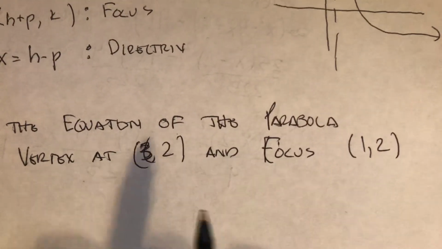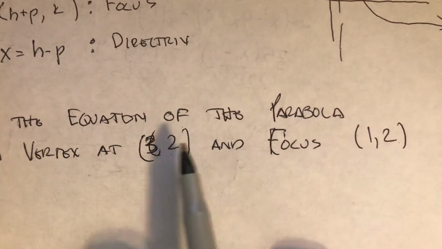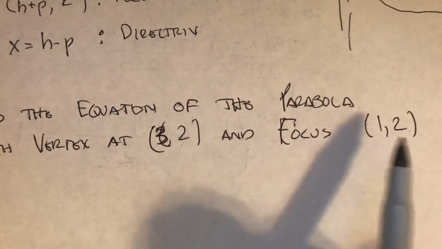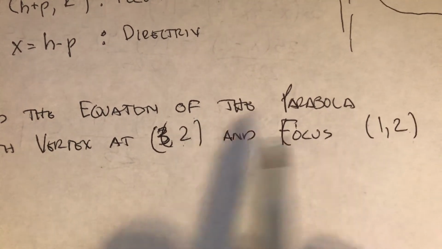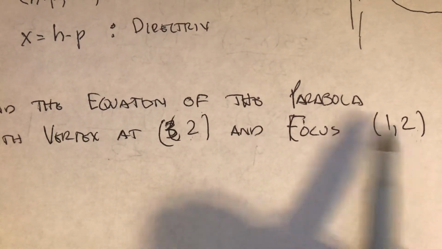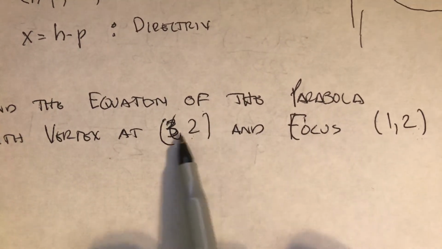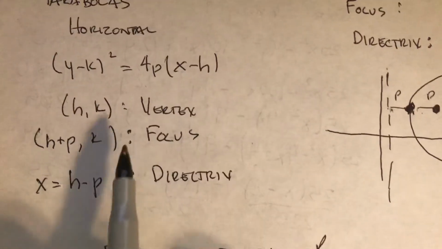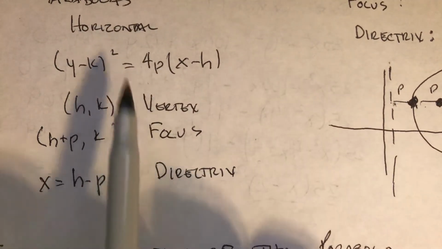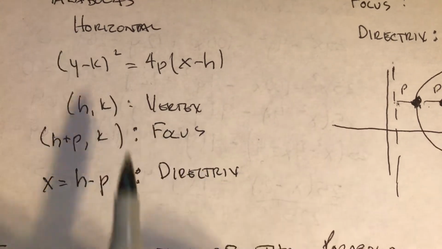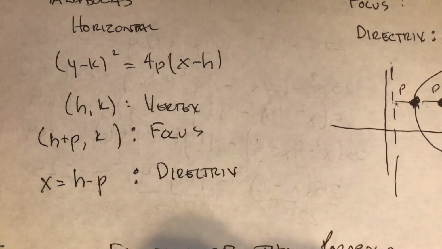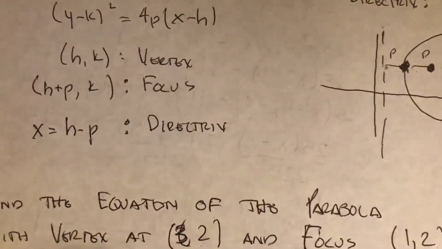All right, now notice something. The y-coordinate is not changing. If the y-coordinate's not changing, that means that this is going to be a horizontal parabola, okay? Because the focus and the vertex are moving horizontally.